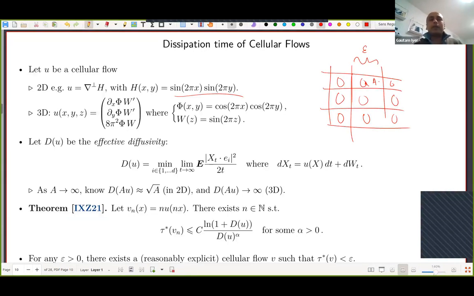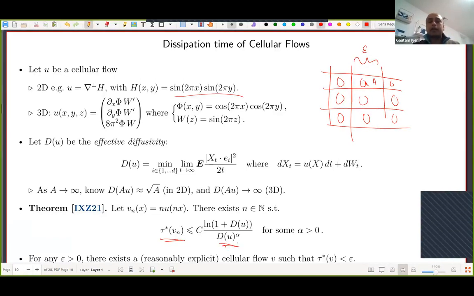The proof takes a little bit, but let me give you one ingredient that goes in there. There's this notion called the effective diffusivity, which people have studied in the context of cellular flows. We have a bound that says I can bound the dissipation time, tau star, in terms of log of the effective diffusivity times the effective diffusivity raised to some negative power.